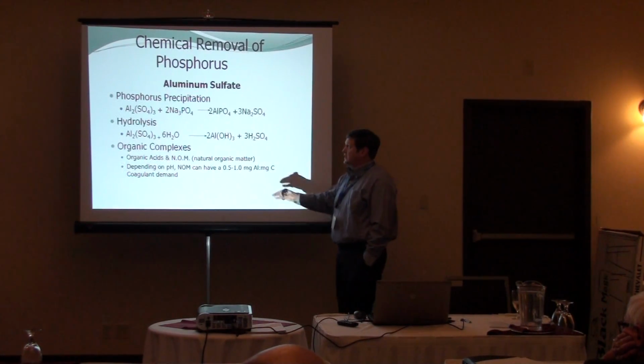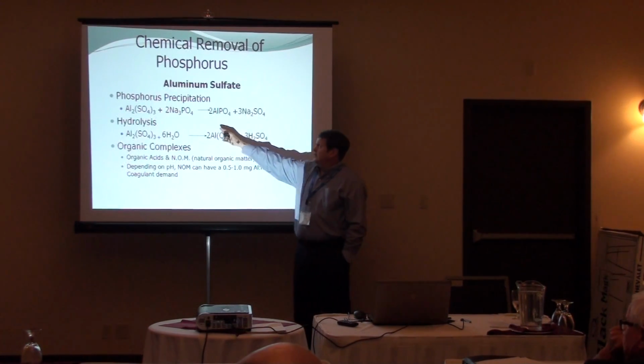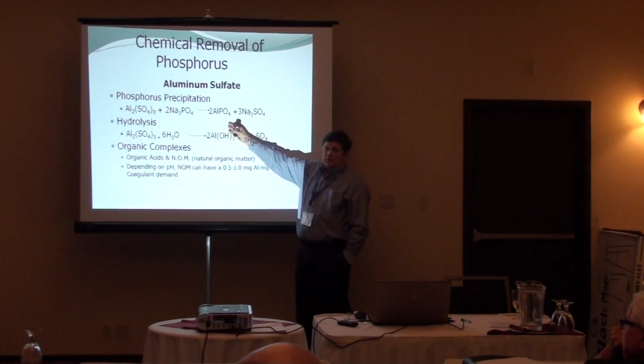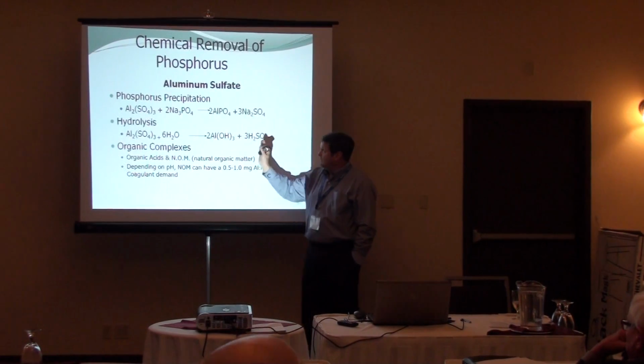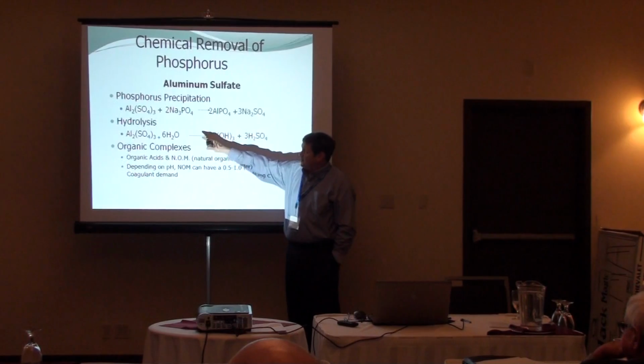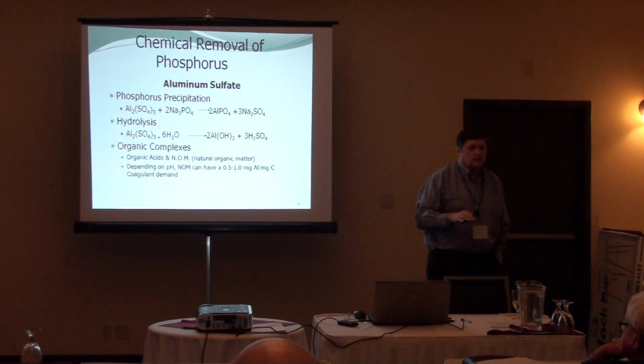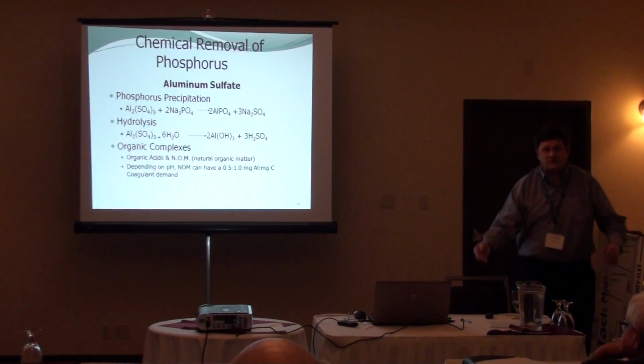But here's your basic reaction. With alum, aluminum sulfate, it's going to react and form aluminum phosphate. But in reality, in the real world, what happens is aluminum hydrolyzes, forming aluminum hydroxide, which is a polymer that's insoluble, and it starts to settle out of the water column.